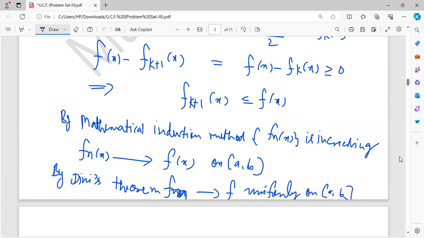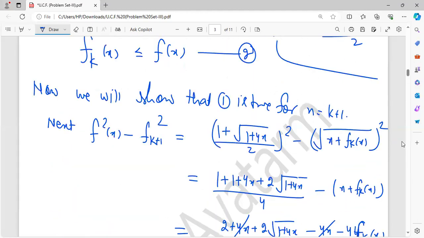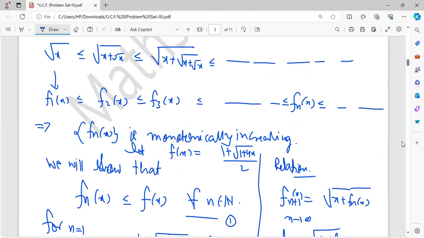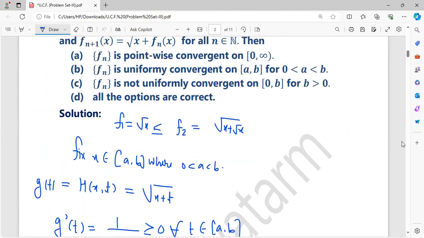But now you see that if we change the interval [a,b], you take this interval [0,b].